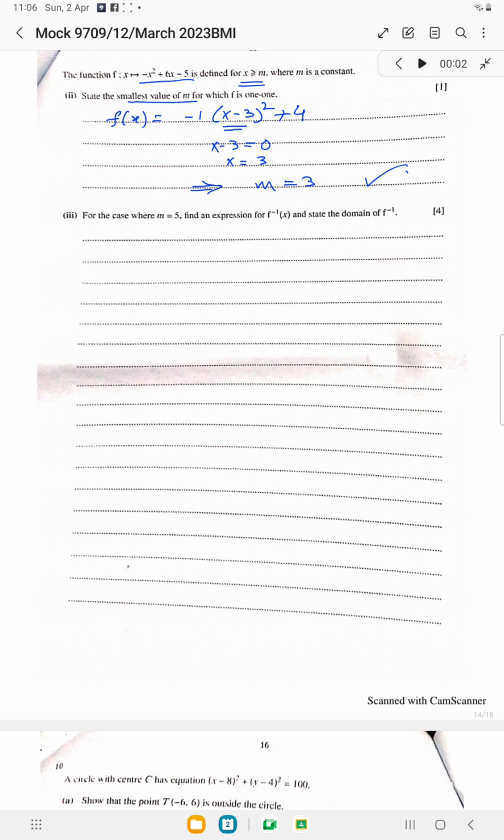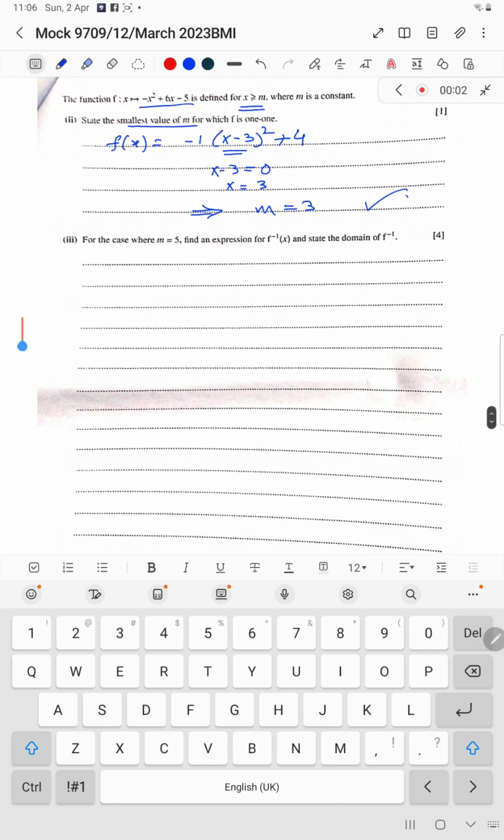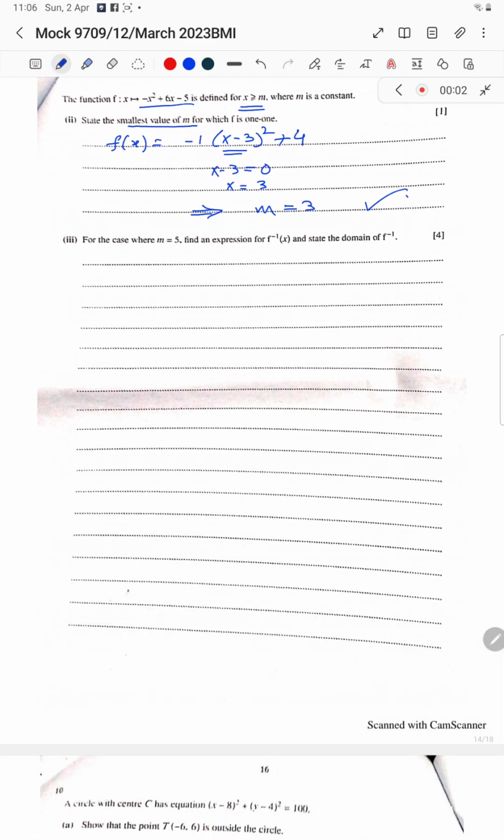It is given for the case where m is 5, find an expression for f inverse and state the domain of f inverse. Simple. Your original function was f(x) = -x² + 6x - 5, right?